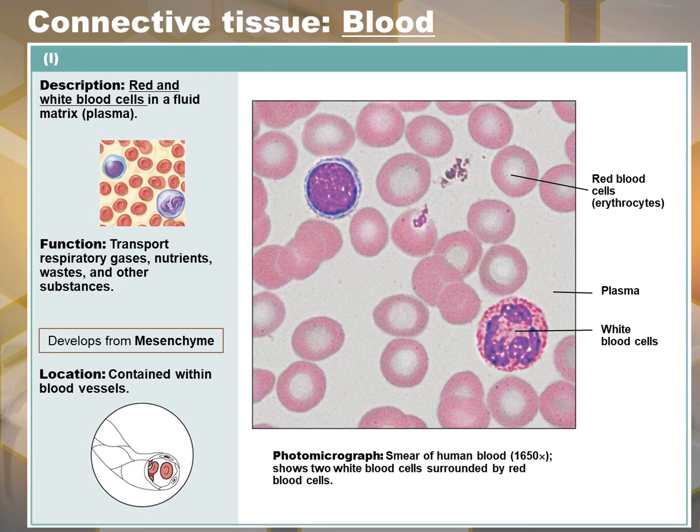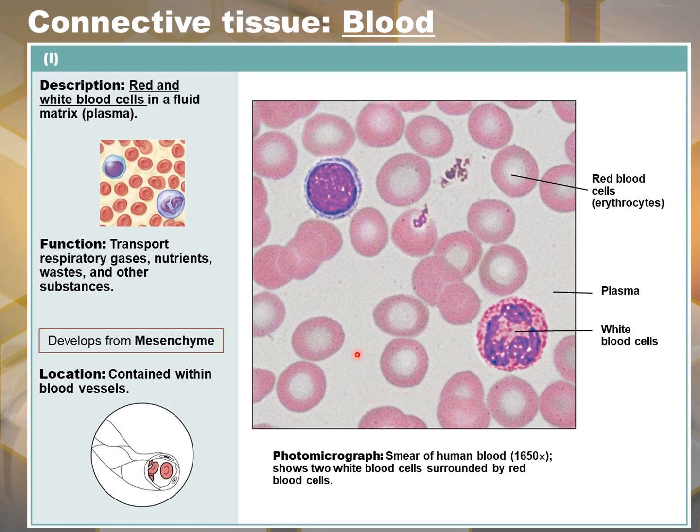So last but not least in our connective tissue world is blood, right? So it may not make sense that blood is in here because it is very different from all the other connective tissues, but it does develop from that mesenchymal tissue, so we have to include it. So the cells in the blood are red blood cells and white blood cells, and it's surrounded by a fluid matrix, which is the plasma.